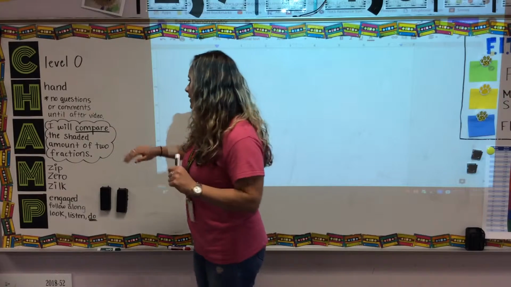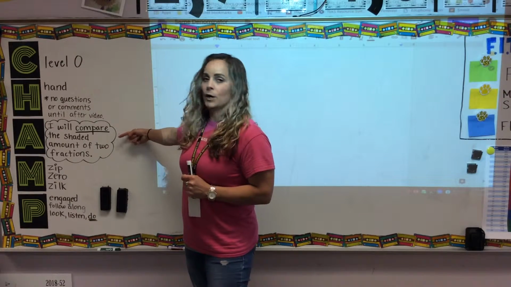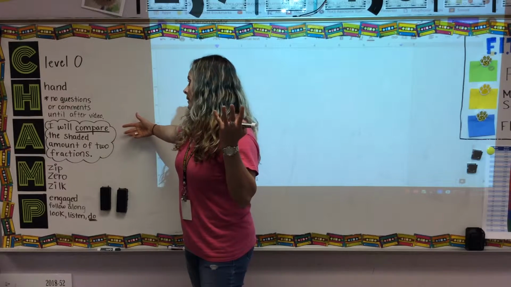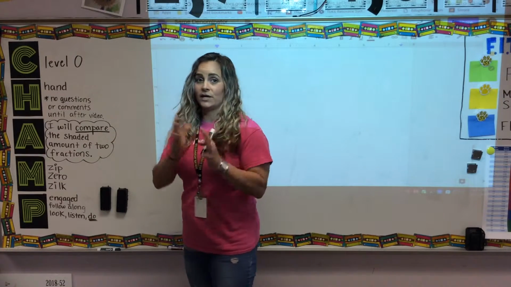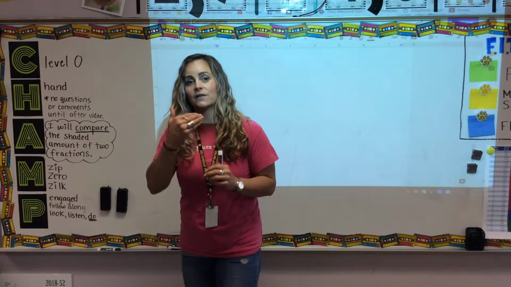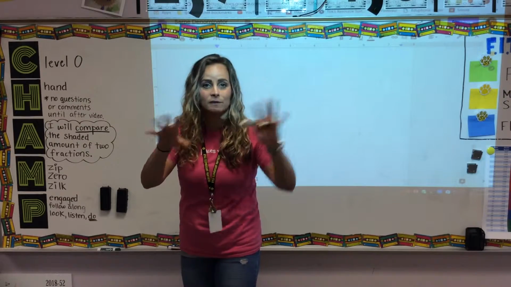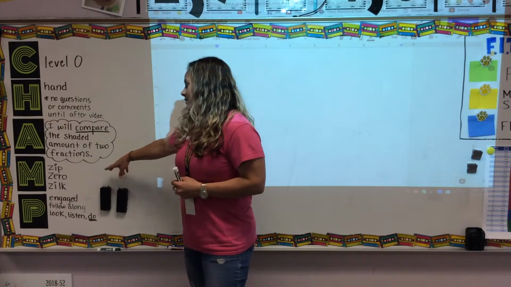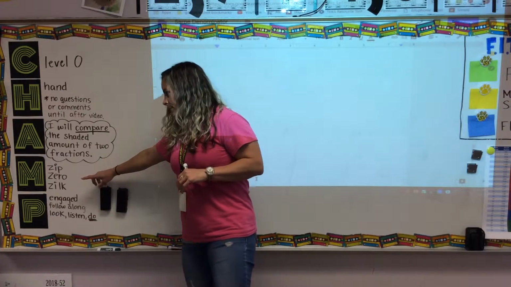So I'll show you what that looks like. Objective-wise, I will compare two fractions, and you're looking at the shaded amount. We're comparing the shaded part of this fraction and this fraction. Who's bigger?